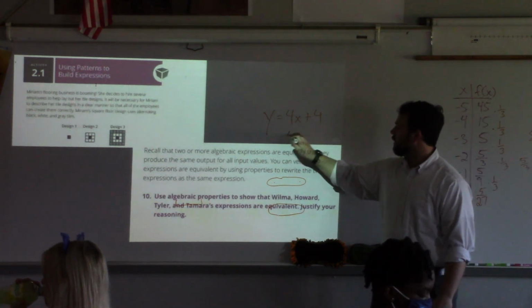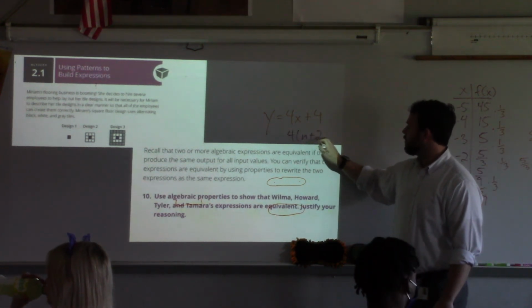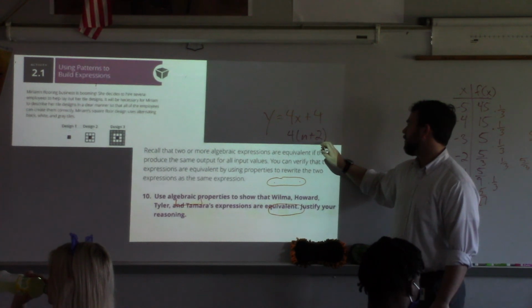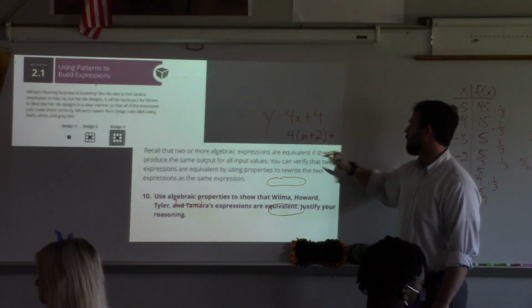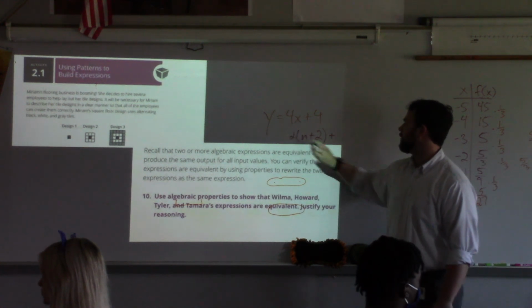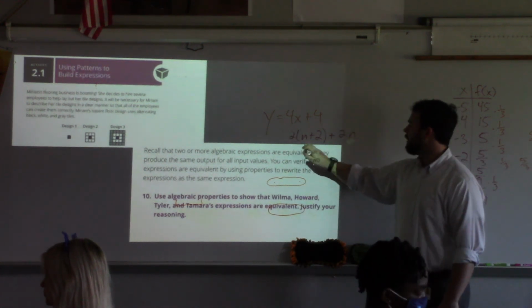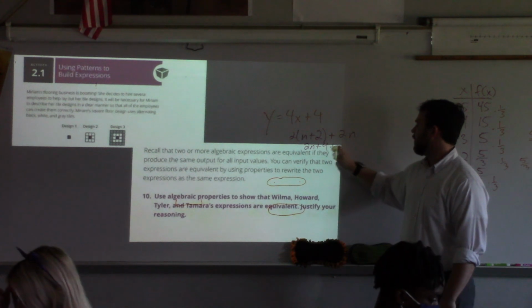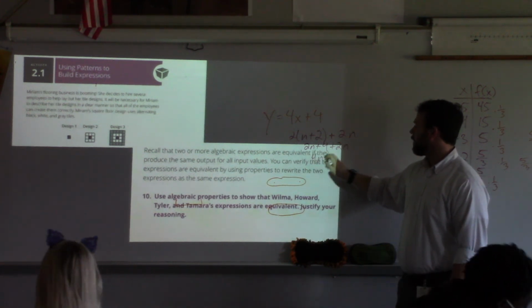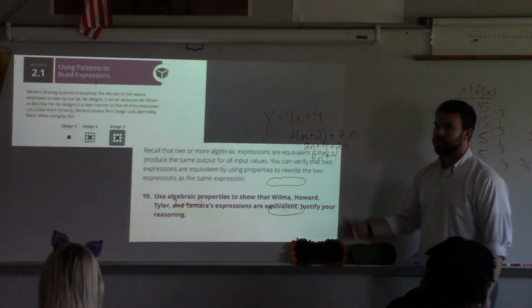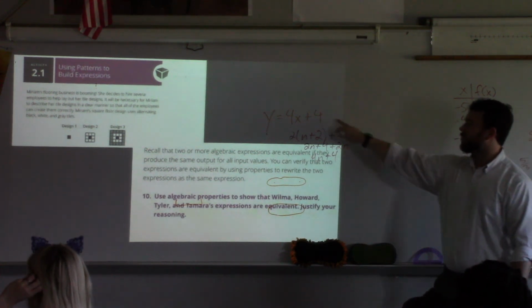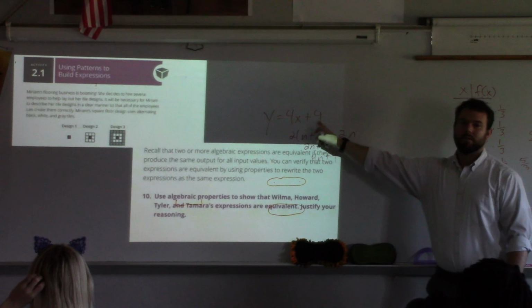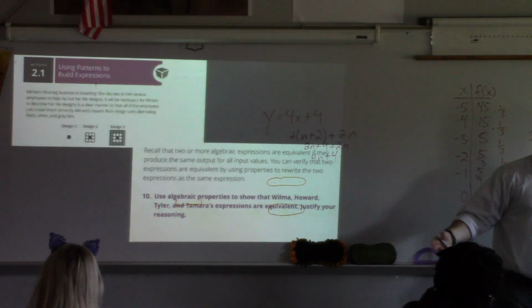So when we looked at Howard's, 2 times n plus 2, 2n plus 4 plus 2n, that gave us 4n plus 4, right? Notice when we simplified that expression, it was the same as what we started with, meaning that these 2 expressions were equivalent. They looked different, but they were the same.